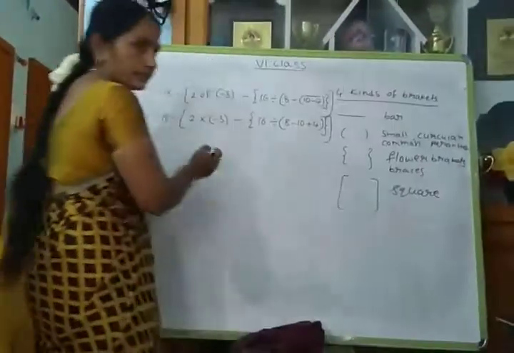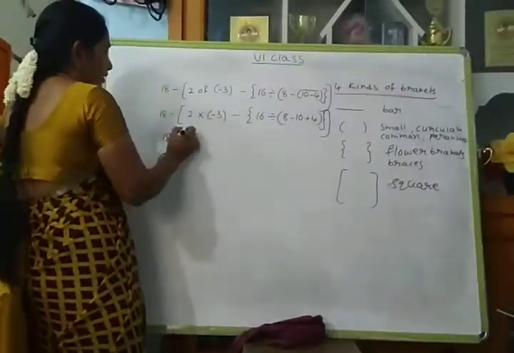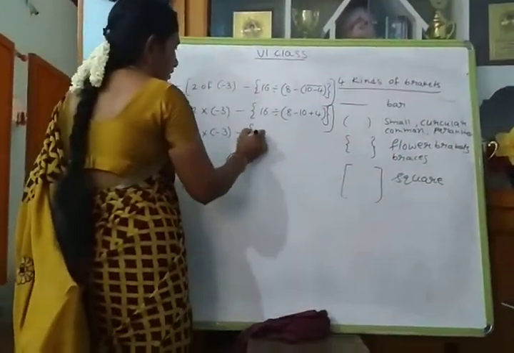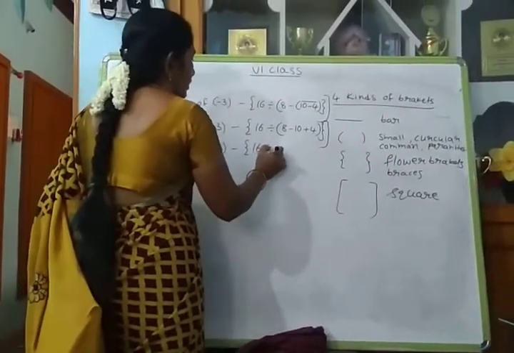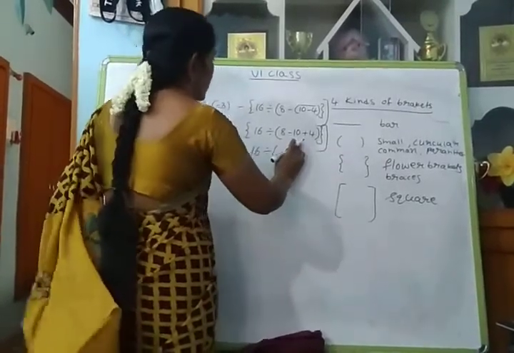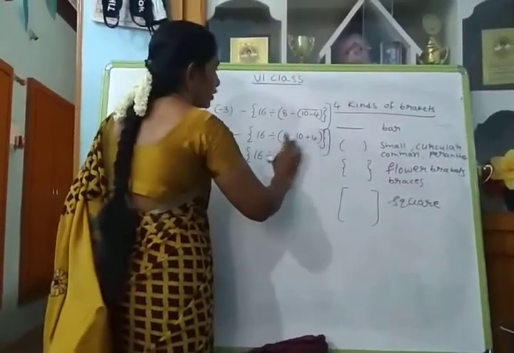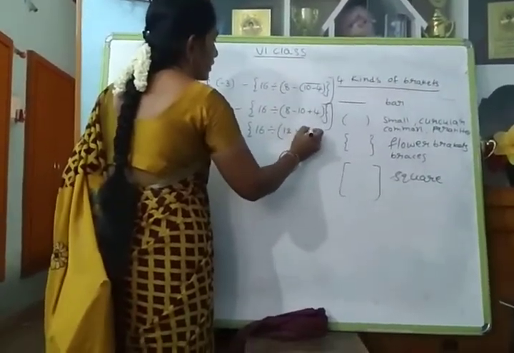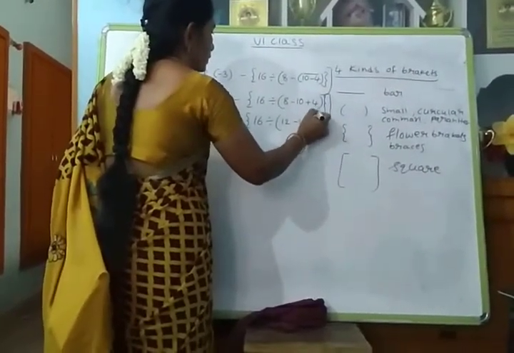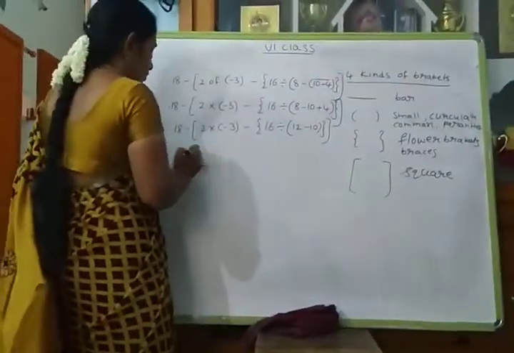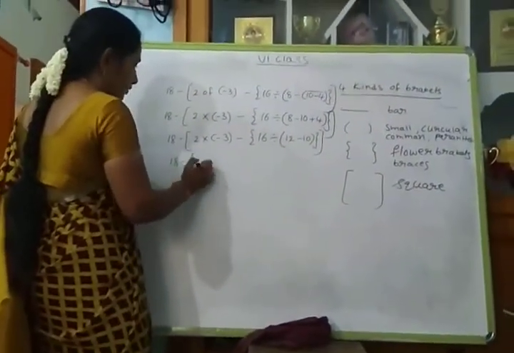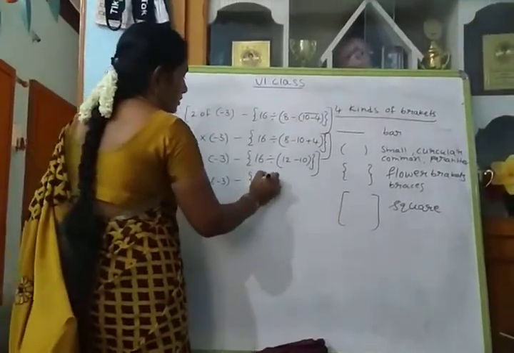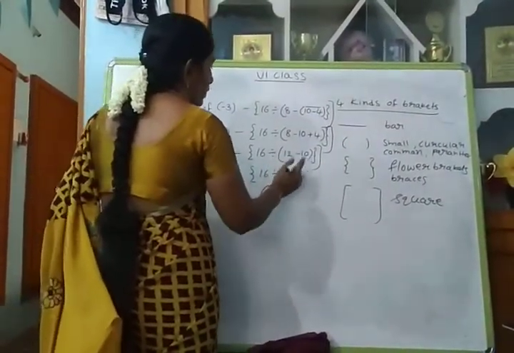Next, 18 minus 2 into minus 3 minus 16 divided by, now see here 8 and 4 are positives. 8 plus 4, how much? 12. 12 minus 10, how much will you get? 2.